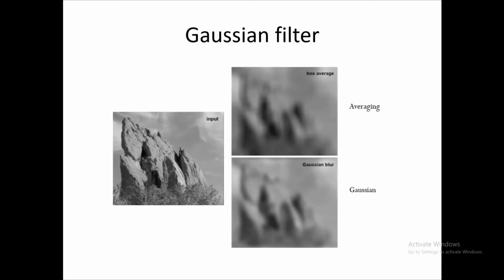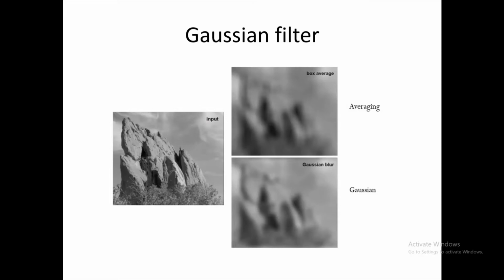And if we compare it with the box filter or averaging filter, we can see that the Gaussian filter preserves the edges better than the box filter. However, we cannot guarantee completely that it will preserve the edge, but compared to the box filter, the edge is marginally preserved in the case of the Gaussian filter.